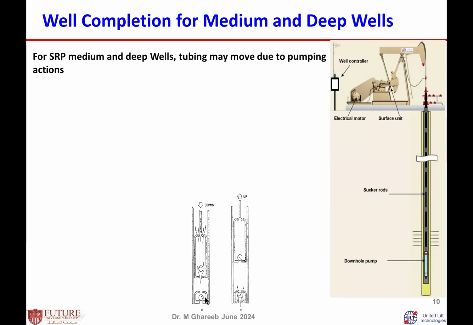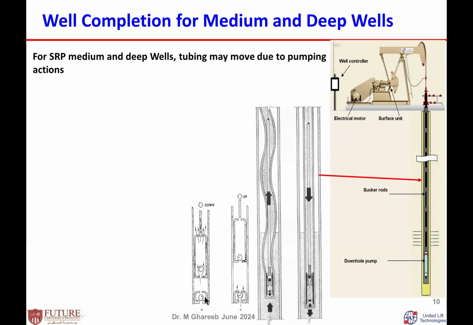In order to prevent this tubing movement, we need to use a piece of equipment like this. If you look at the picture on the right side, when going down, the bottom valve is closed. Then all the fluid inside the tubing acts on the full tubing cross-section area, so the tubing will be under tension. While we are going up, the top valve is closed, and the rod string is lifting the fluid.